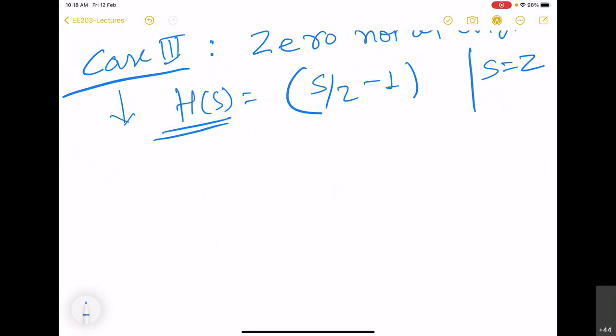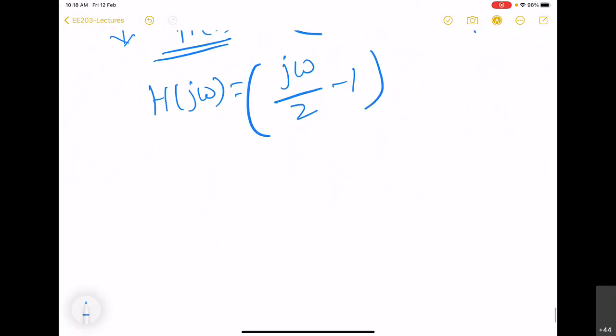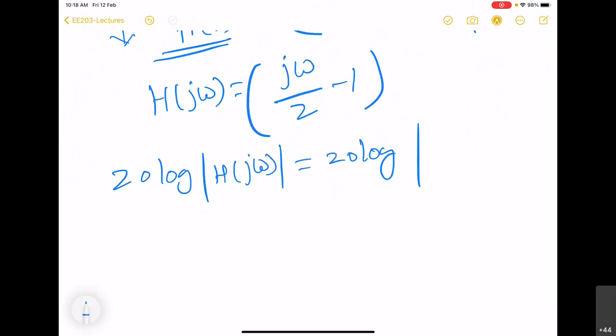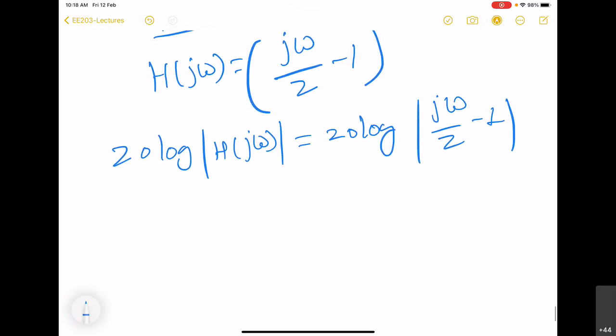So we will first have to convert it into frequency, and then to log axis. So now we will have to plot this one.